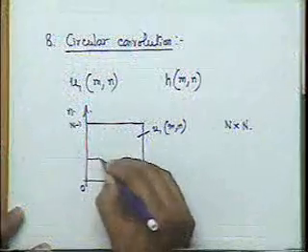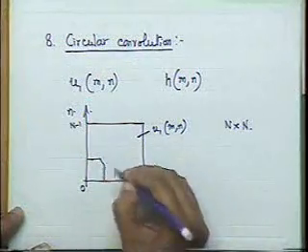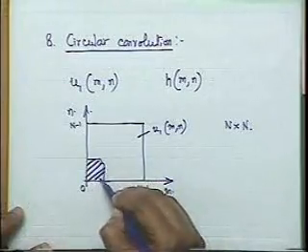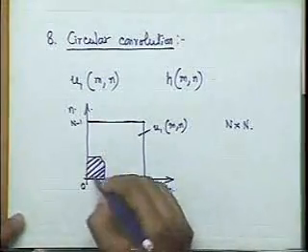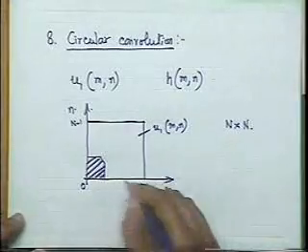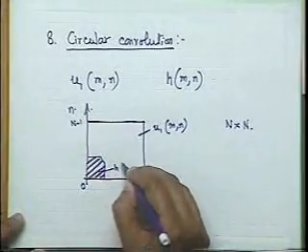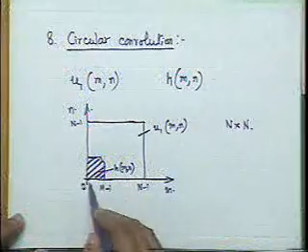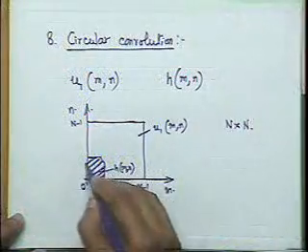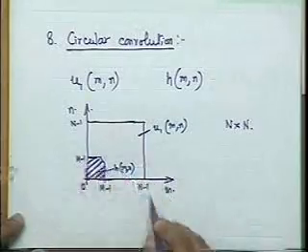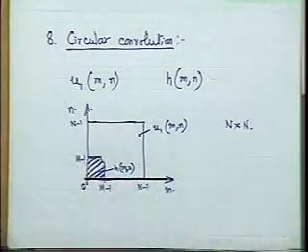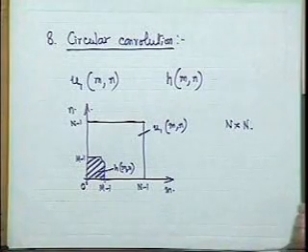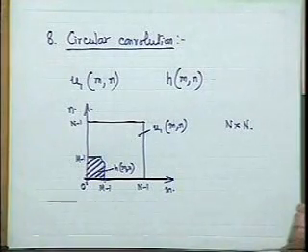This is the sequence h of mn, which is defined over 0 to m minus 1 in the m direction and 0 to m minus 1 in the n direction. Now the definition of circular convolution as defined mathematically is like this, and then I will give you the physical interpretation.